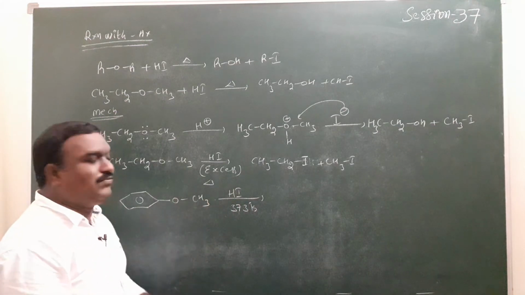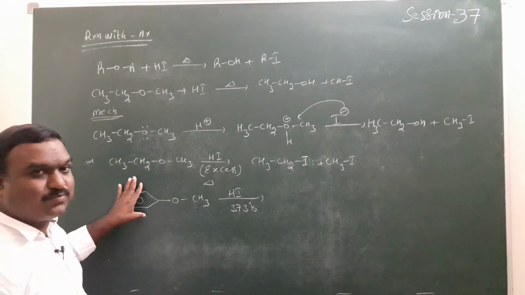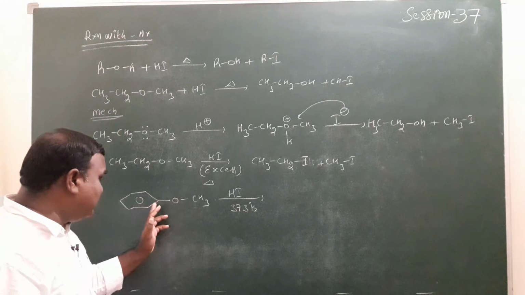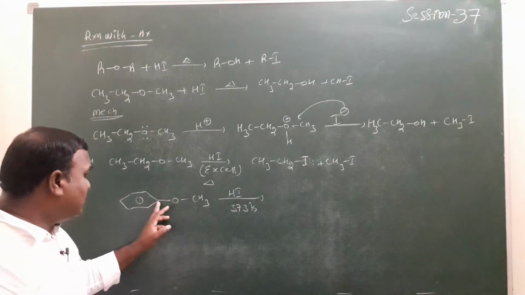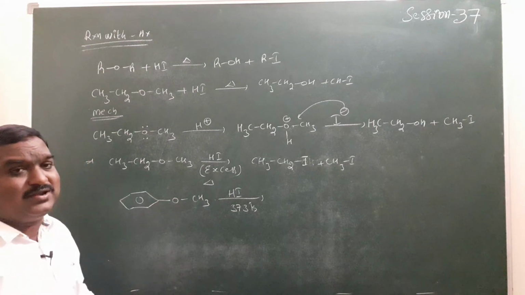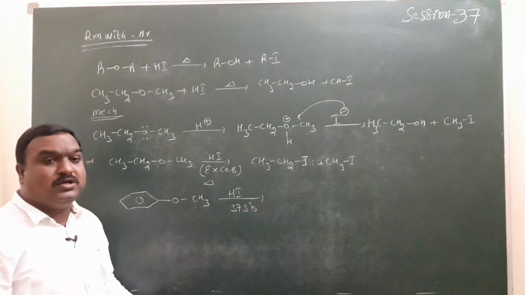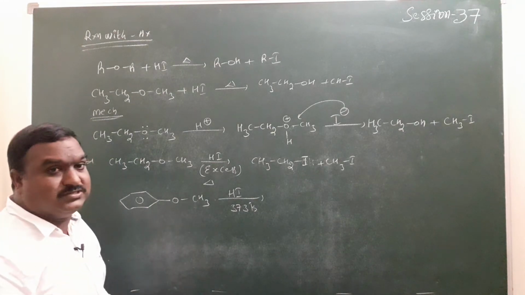It converts into the iodide compound and phenol, because the steric hindrance is more, and another reason is that there is no chance for cleavage between the carbon and oxygen of the ring, because the given carbon is an aromatic carbon and it cannot gain a positive charge when you cleave the bond there.